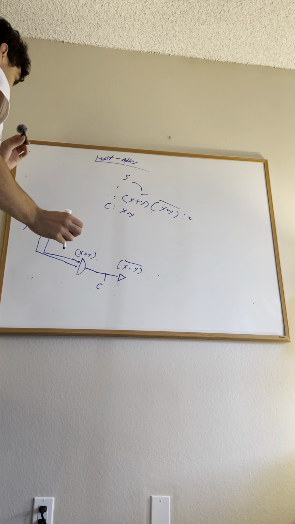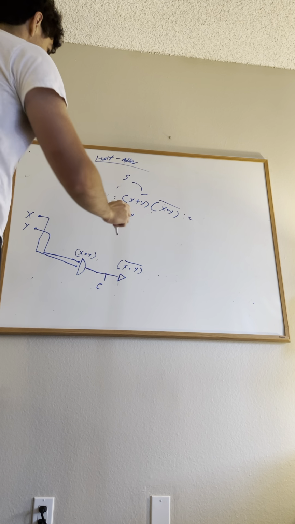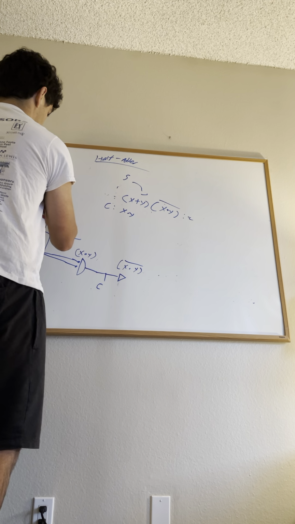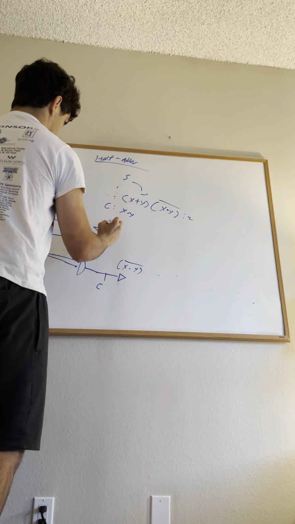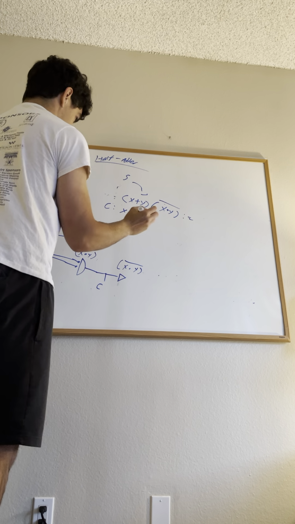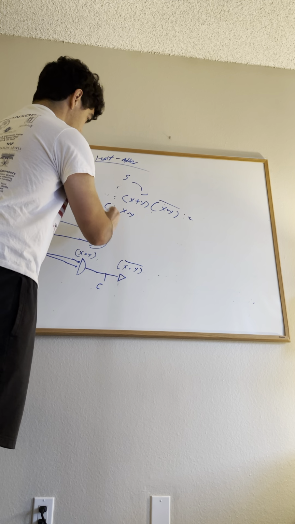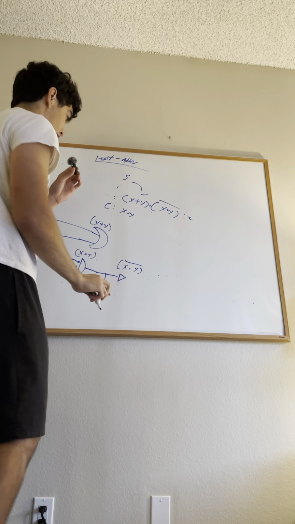And then what we also want to do separately is x or y. So we take this and we feed it through, this is x plus y, so x or y. And then finally we want to do a final AND between these two outputs here.